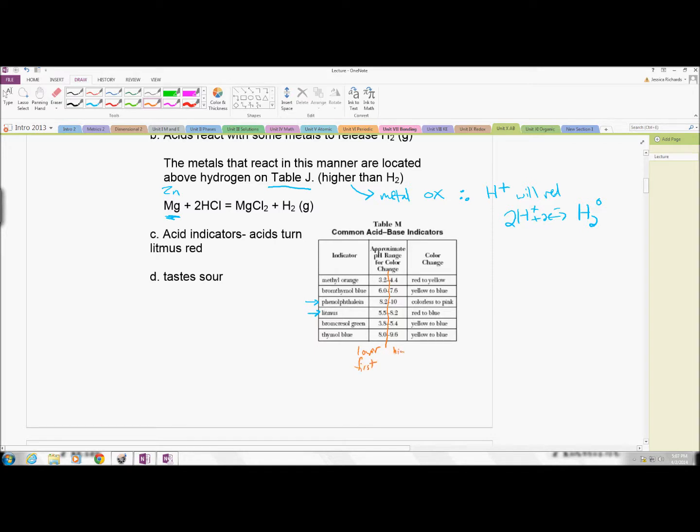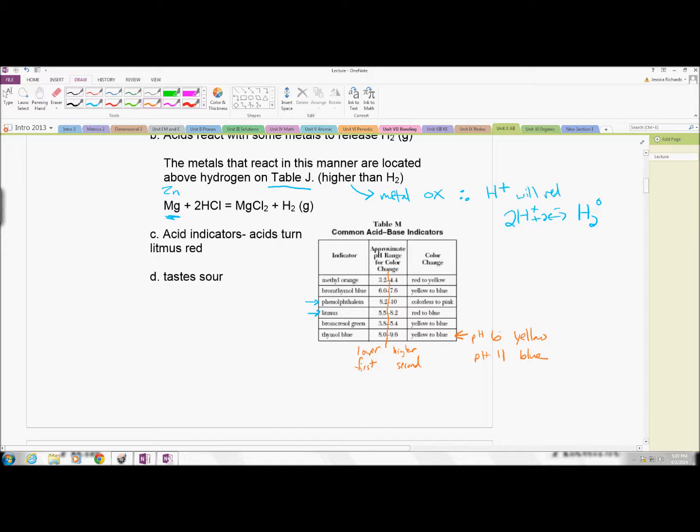At any pH higher than the second number, it's going to be the second color. If it falls somewhere in the middle, you usually get something in the middle. For example, thymol blue. If I have a pH lower than 8, so say I have a pH of 6, thymol blue will be yellow. If I have a pH of, say, 11, thymol blue will be blue. If I have a pH of 8.5, it's going to be a green color.